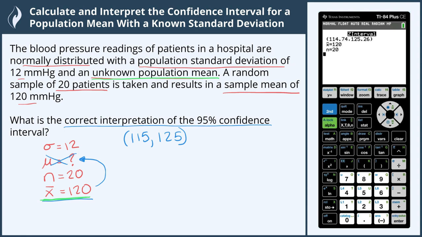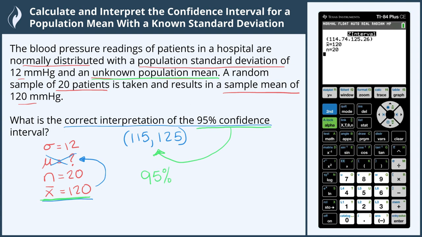And since the sample mean is not the population mean, it gives us a range that would be for our population mean. It may or it may not fall within that range, but we are 95% confident that it will be in this range.